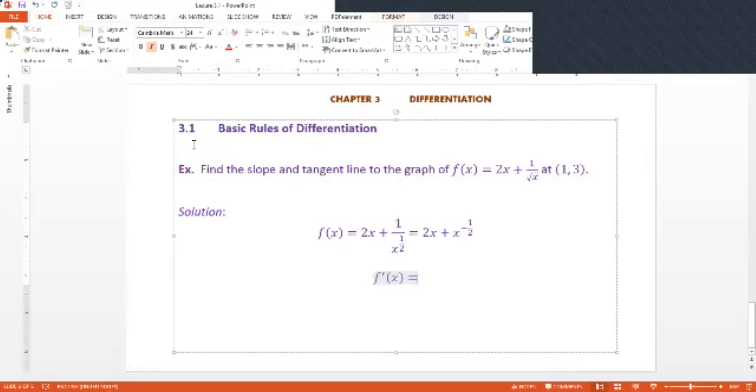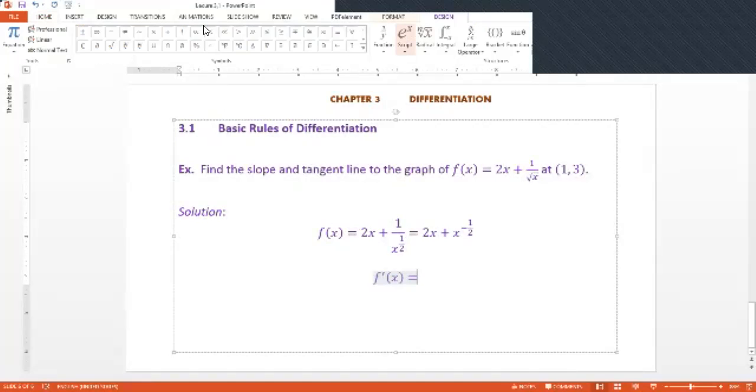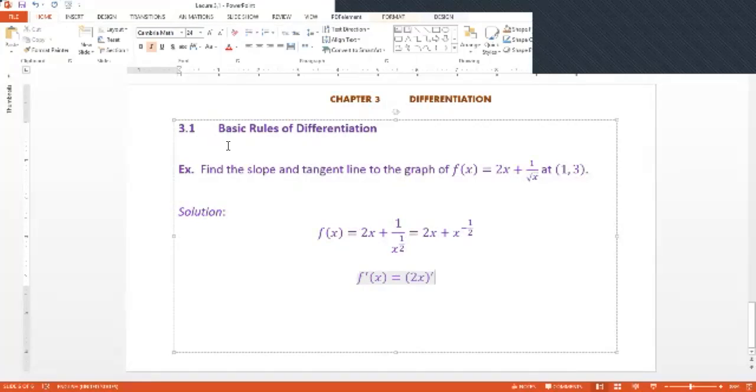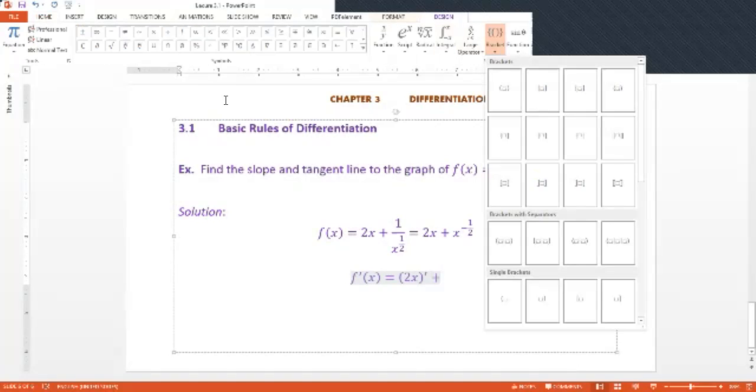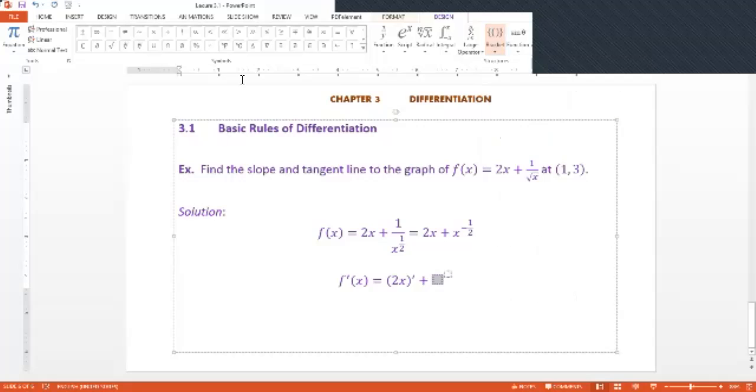The derivative of the function, f prime, is just the derivative of each term. So we can take the derivative of 2x and the x to the negative half individually. Let's just do it term by term. We can take the derivative of 2x. We can take the derivative of x to the negative half.